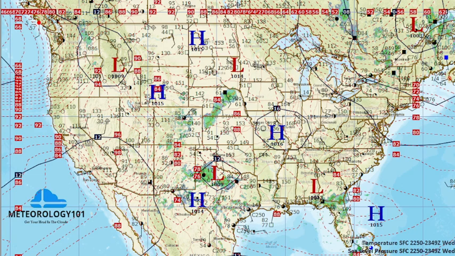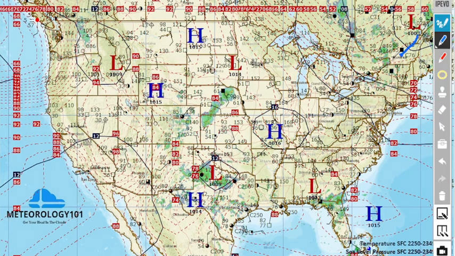So if we had thermal advection, we would say it's all in this area. Let me get a draw tool up real quick. I can show you. All right, let's go back.